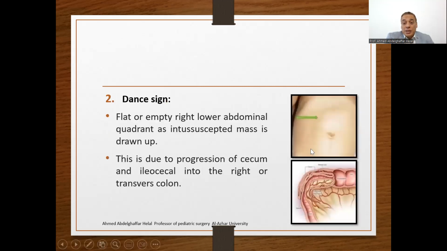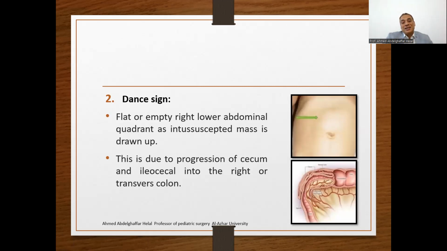Number two, what's called Dance's sign, or sign of Dance. Flat or empty right lower abdominal quadrant as the intussuscepted mass is drawing up into the transverse colon. The terminal ileum pushes the cecum and goes to the transverse colon, so the right lower quadrant will be empty.